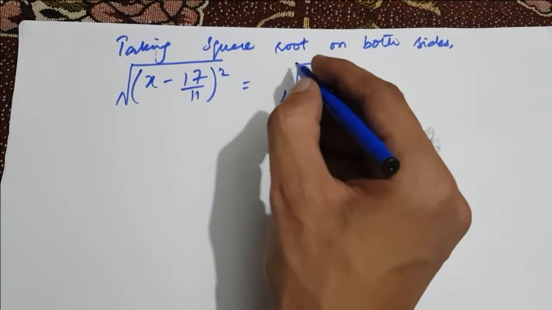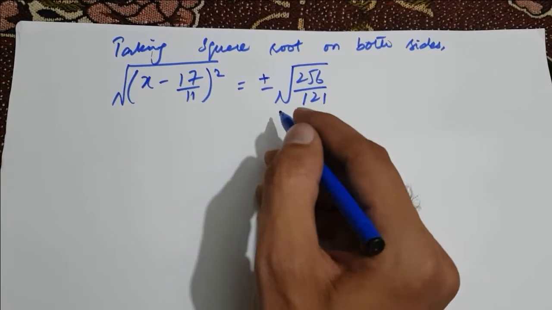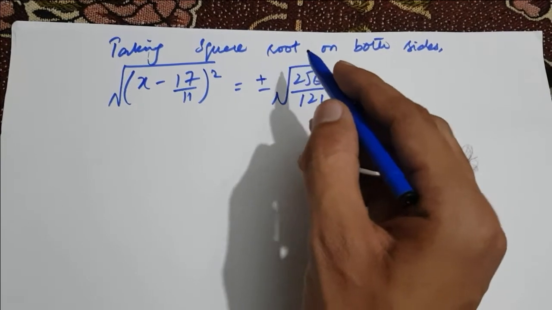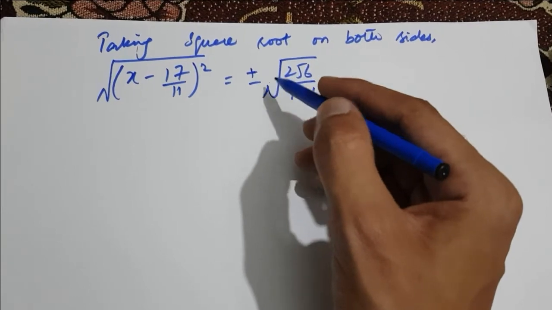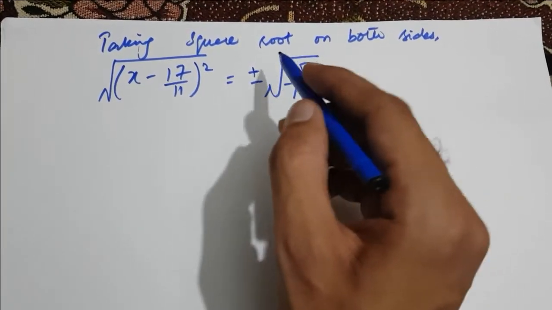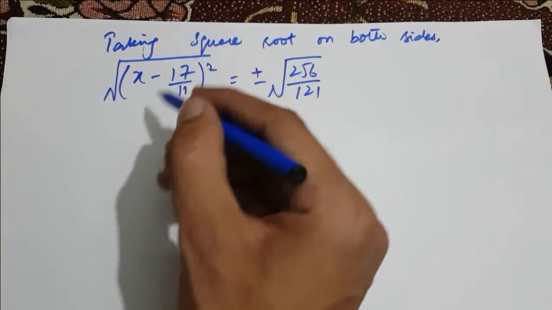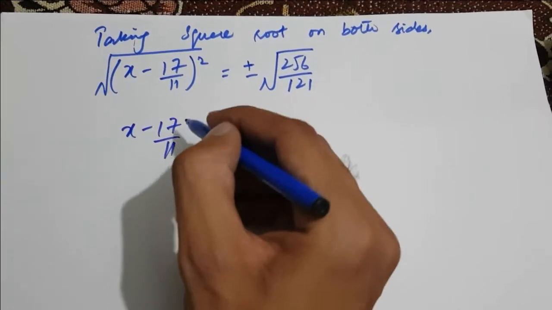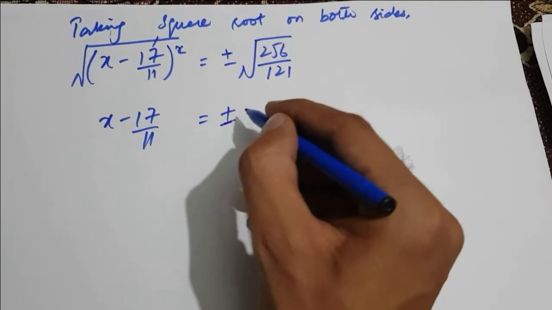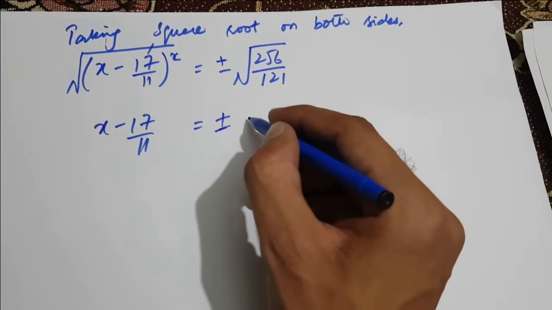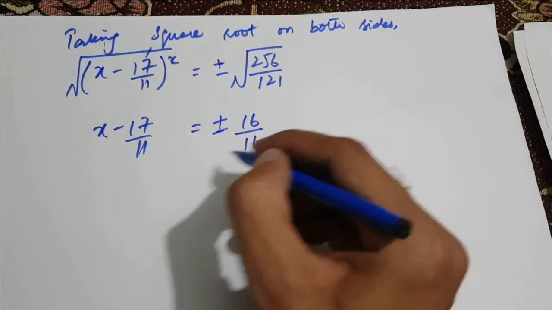Remember, whenever you apply square root, you have to put a sign of plus and minus here. Keep in mind, usually students do mistakes. They put a sign of plus minus after this step. But you have to make sure you put a sign of plus minus while taking square root. So here we get x minus 17/11, since square and square root get cancelled. And here we get a plus minus square root of 256 is 16, while that of 121 is 11.